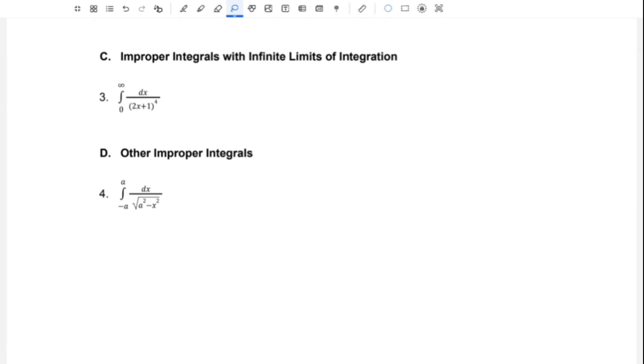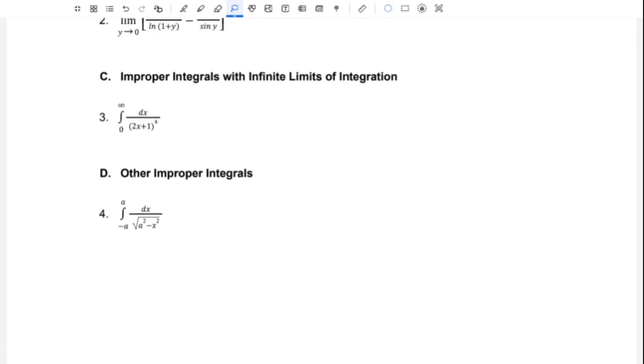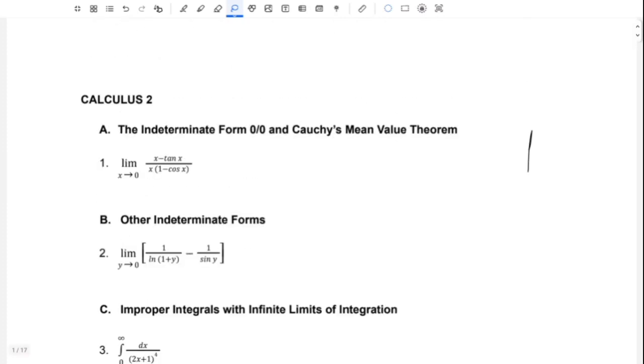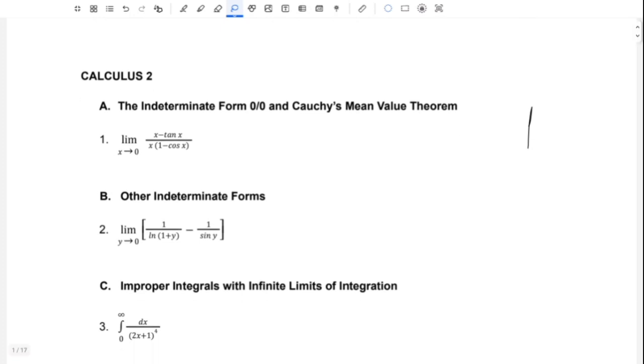This problem involves a singularity at the endpoints where the function becomes undefined. We will solve it by recognizing a standard inverse trig integral. So with that overview in mind, let's begin with the first problem, exploring the indeterminate form 0 over 0 and applying powerful techniques to resolve it.